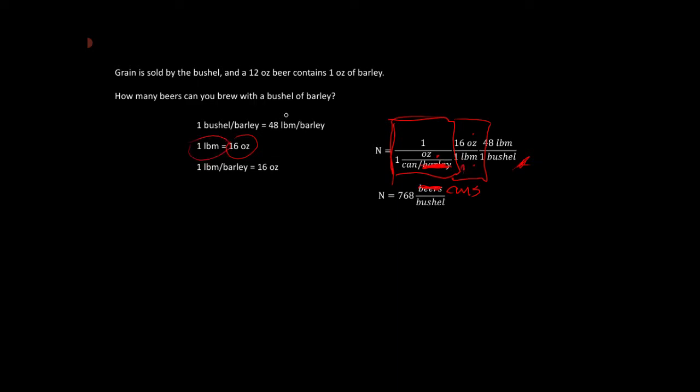And then we want to go from pounds to bushels. Again, we're canceling out the pounds, so if pounds is in the denominator, pounds has to be in the numerator. In this case, the bushels has to be in the denominator, and we ended up with 16 times 48 multiplied, and we had 768 cans of beer per bushel.